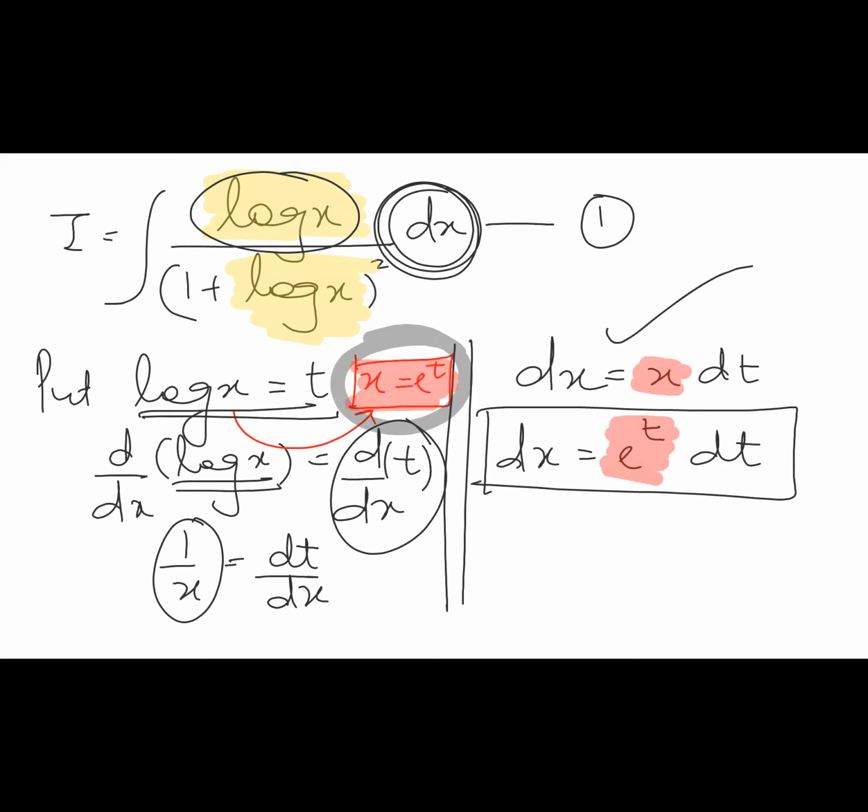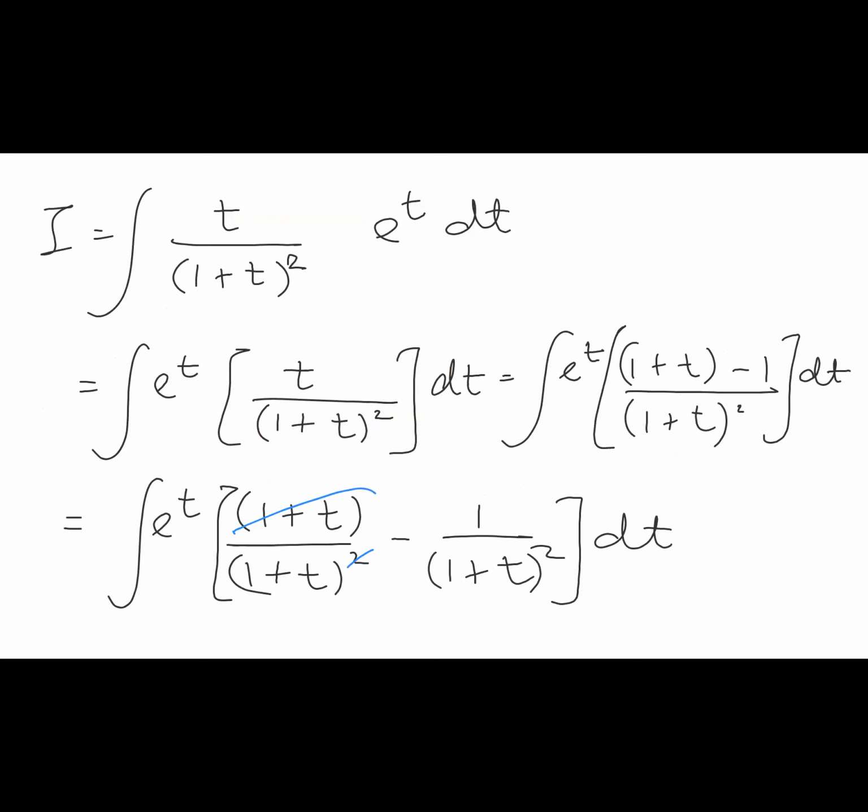Because this is the exponential form of log x is equal to t, right? So dx in the next step will be written as e raised to t dt, and log x will be substituted with t. So from 1 we get this thing, right? So we shift e raised to t first and write this entire thing within the box bracket.